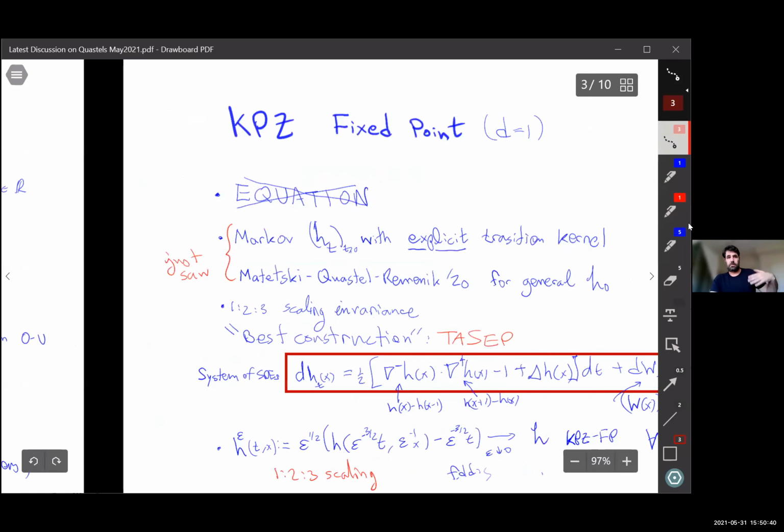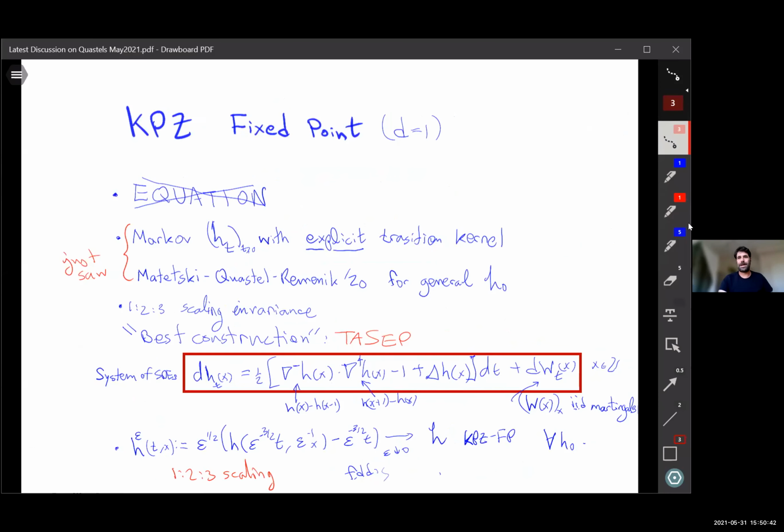The other class is the KPZ fixed point. I mentioned one, so we have no equation. However, it is a Markov process with now explicit transition kernel. We just saw them.